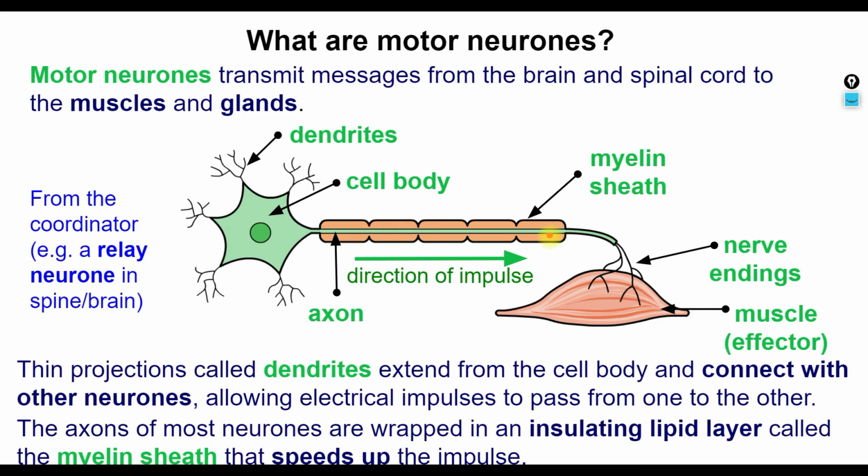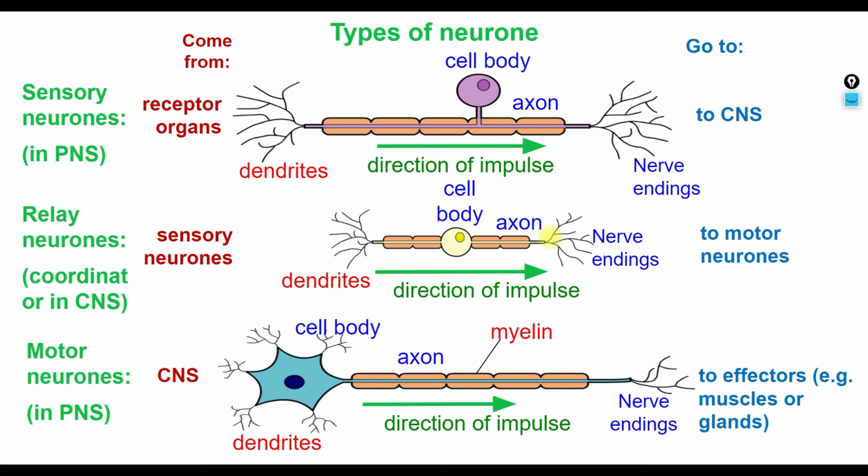Okay, on the next slide we'll see a little summary. I've got the sensory neuron at the top. In the middle, we haven't seen this yet, but we've got a relay neuron. Remember, a relay neuron is in the central nervous system. A relay neuron is in the brain or the spine.